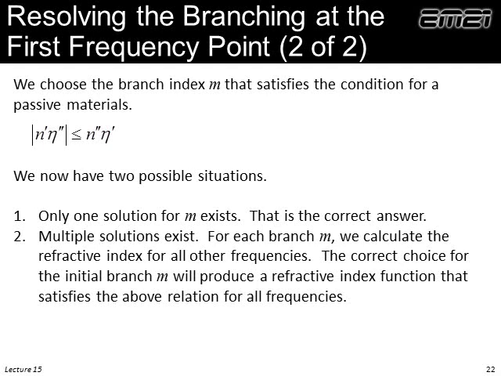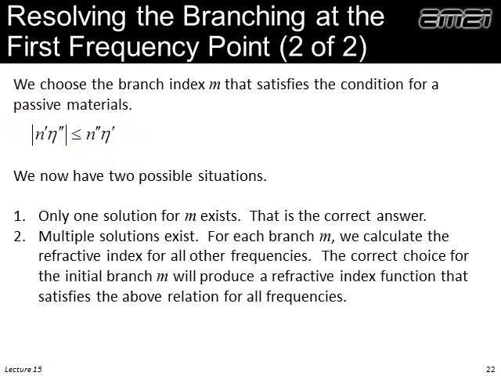More likely, there's multiple correct solutions. And what we have to do is choose one of them, then go on to the second frequency point and generate our refractive index versus frequency. Go all the way back to the beginning, choose our other possible value of M, finish the rest of the process with all the other frequencies, and compare those lines with all the different possible values of M. The correct choice of M is the one that, once we reconstruct the material values at all the other frequencies, is the one line that satisfies this equation over all of the frequencies.